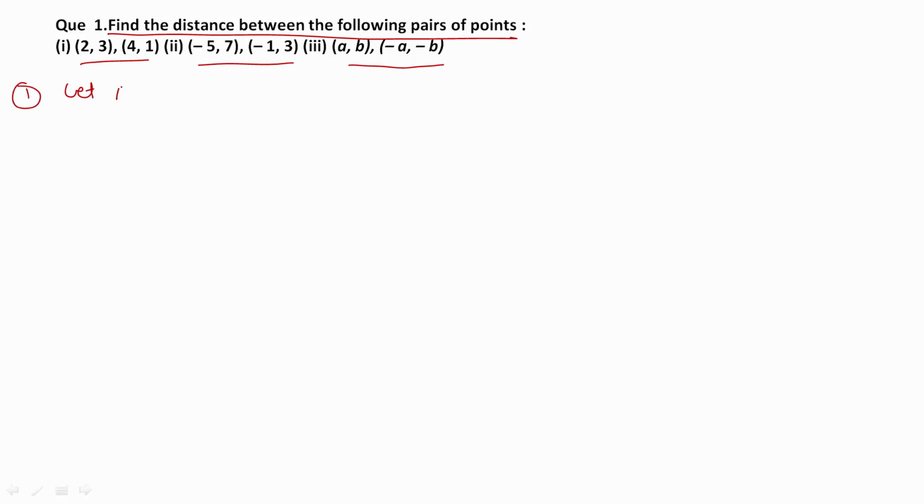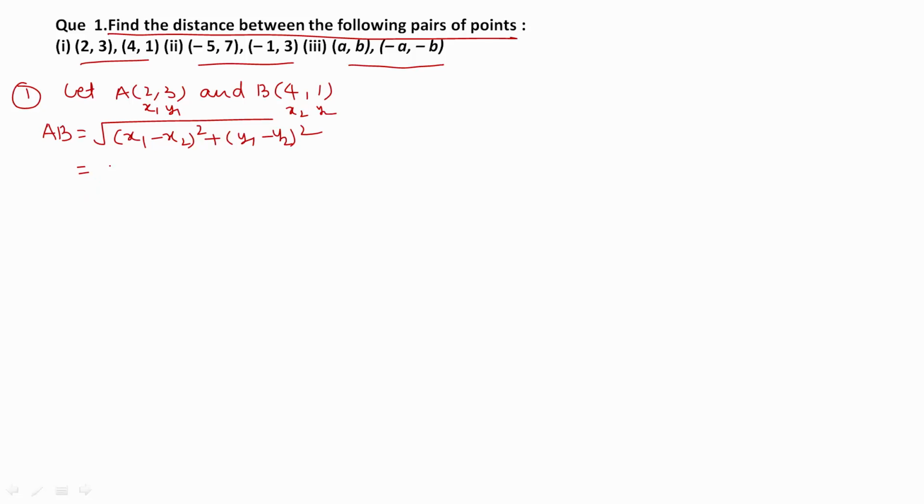Let A 2 3 and B 4 1. So the distance between A and B will be equal to under root x1 minus x2 whole square plus y1 minus y2 whole square. This is your point x1 y1 and this is your point x2 y2.